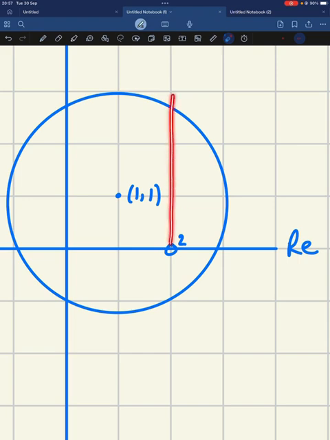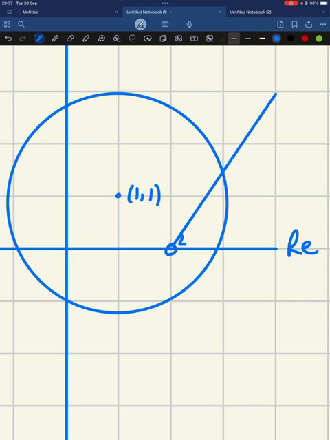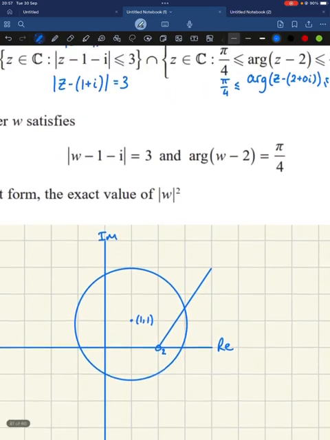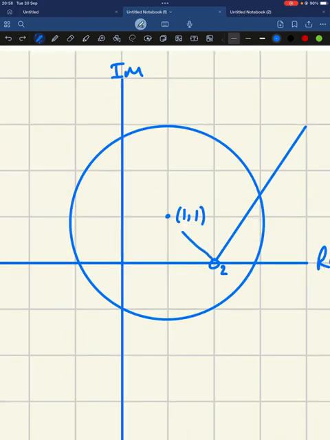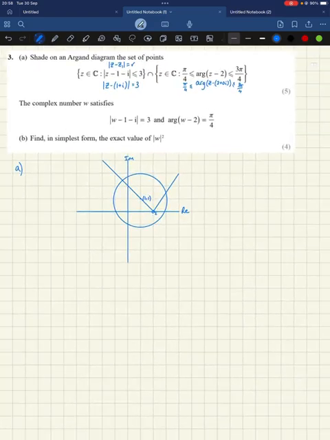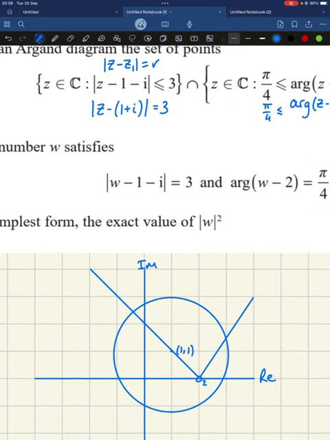Well, this will be pi by 2, so pi by 4 would be like that. Right, now 135 degrees. Let's put it something like this. Let's say it goes through the center. Like that. So what we get is that.